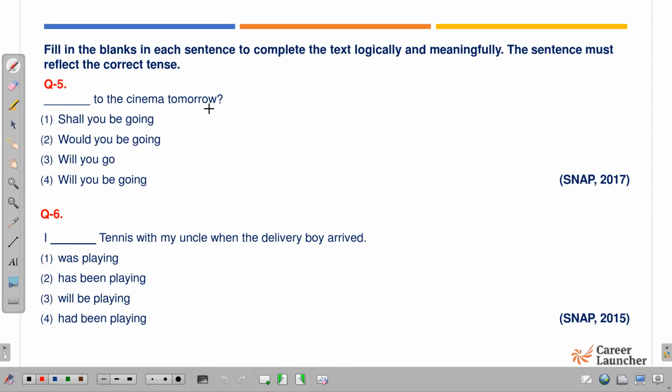Dash to the cinema tomorrow. So, shall you be going? Now the problem with this is, why unnecessarily attach an -ing form or make it a continuous form? Something we have to decide in the future simple.